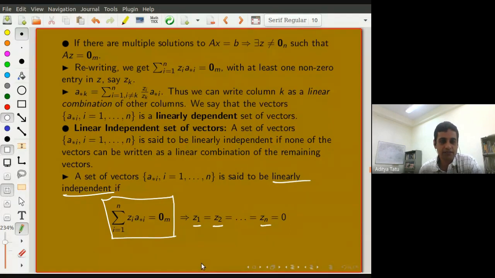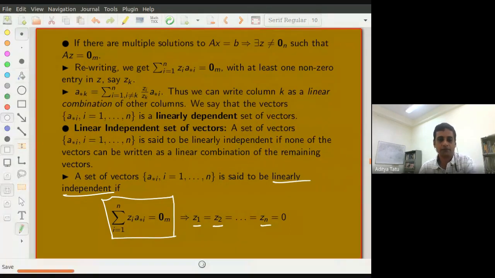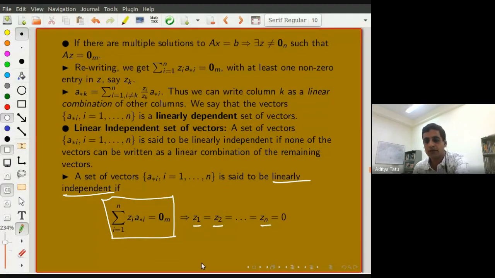The only way to construct 0 using linear combinations of these vectors has to be by using 0 as the multiplier. If that is something you can prove, then that set of vectors will be linearly independent.